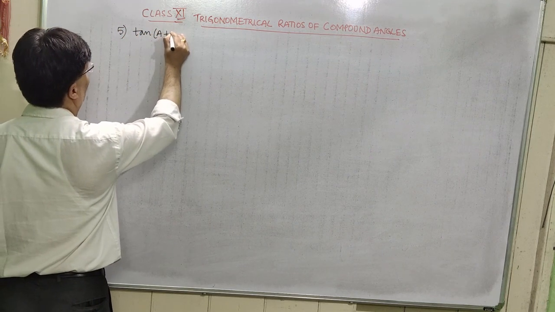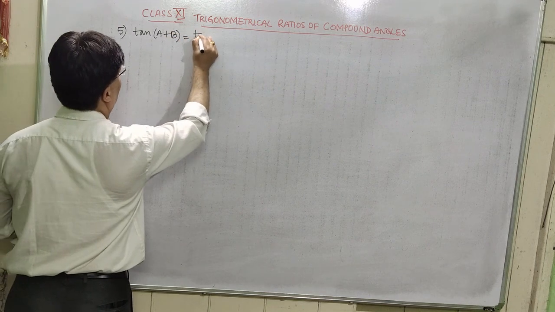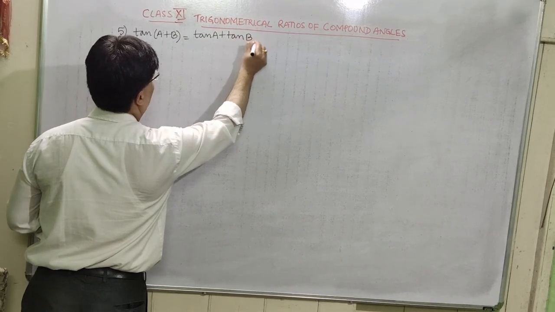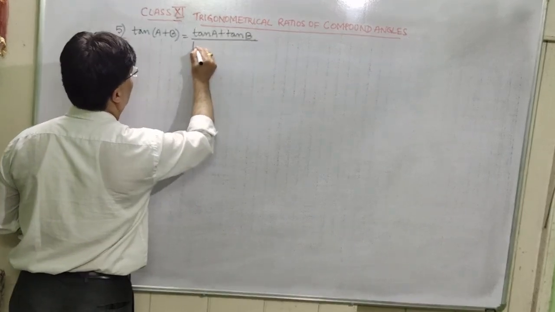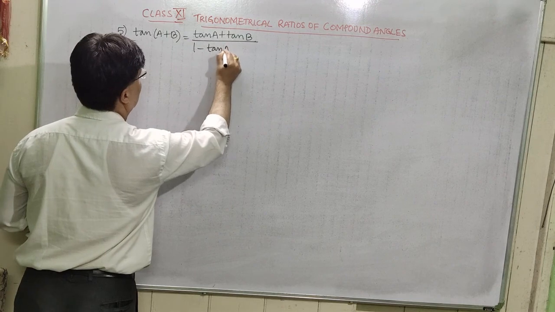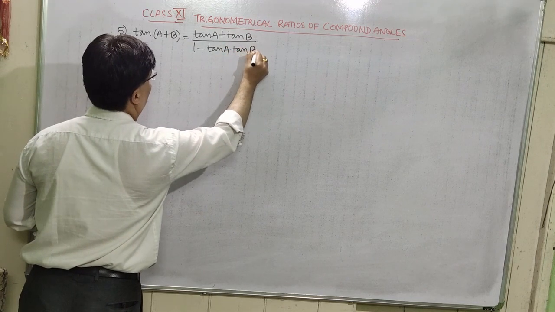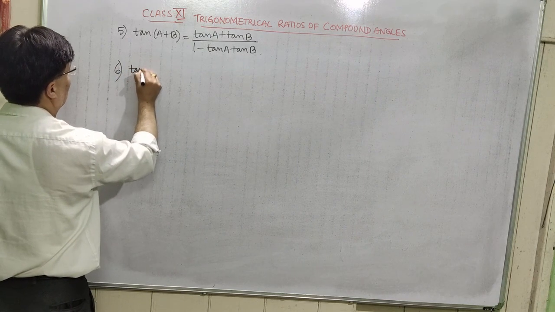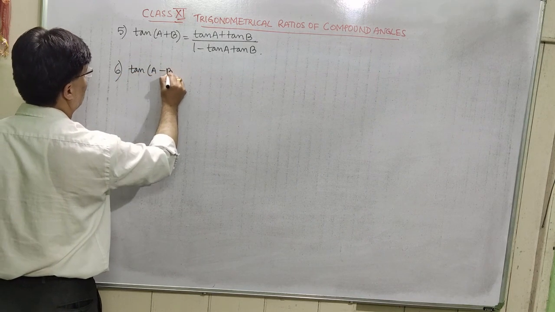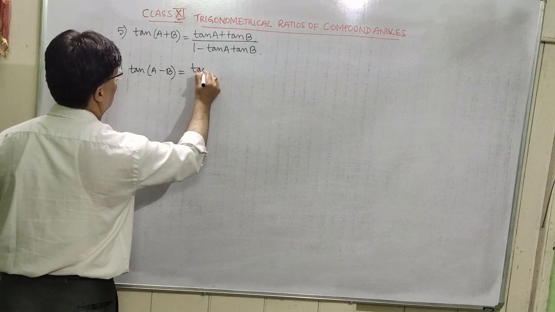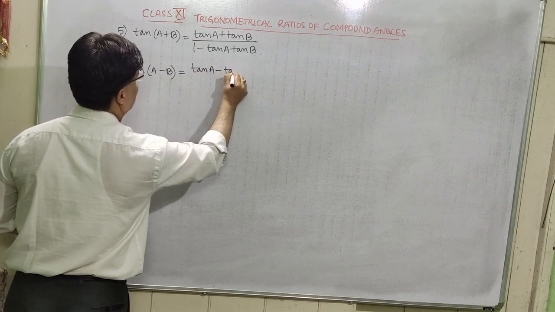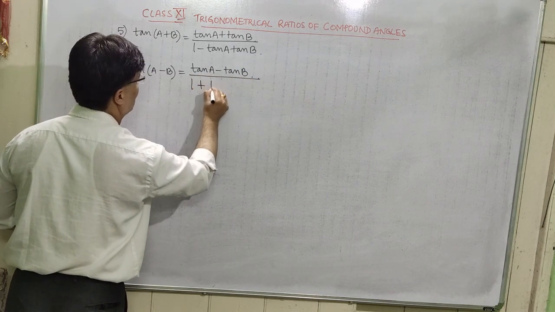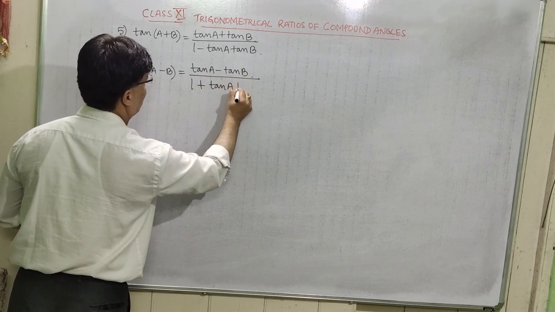Tan of A plus B is equal to tan A plus tan B divided by 1 minus tan A tan B. And number 6 was tan of A minus B is equal to tan A minus tan B divided by 1 plus tan A tan B.